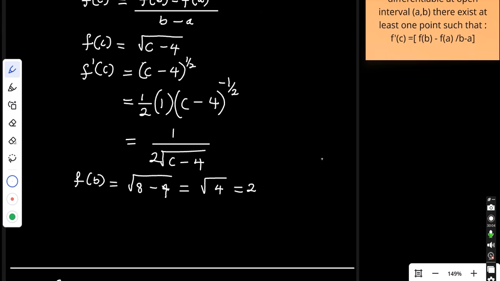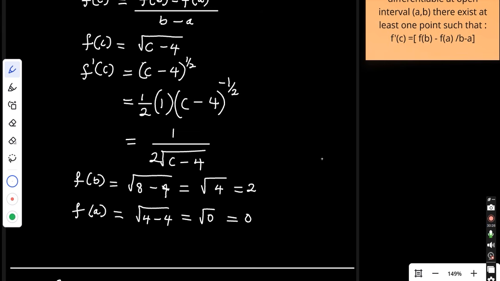Then we'll proceed to find f of a, and f of a is going to give us the square root of 4 minus 4, which is the square root of 0, and the square root of 0 will give you 0. So after doing this, we are going to proceed now to implement.